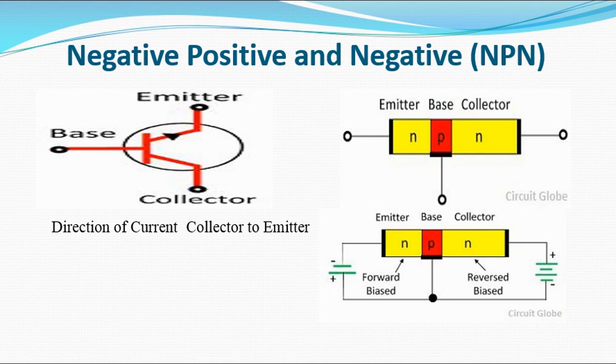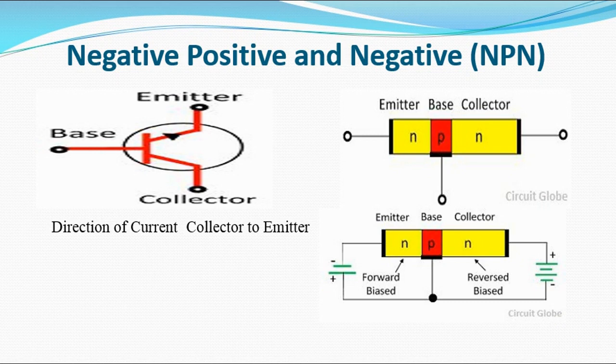If you also look down where the battery has been added, because I really want you to understand this: the collector is where the reverse bias is, while the emitter is where the forward bias is. I believe you understand what I mean by reverse bias and forward bias.